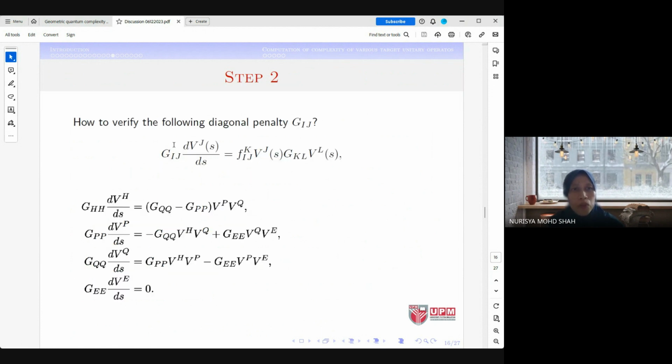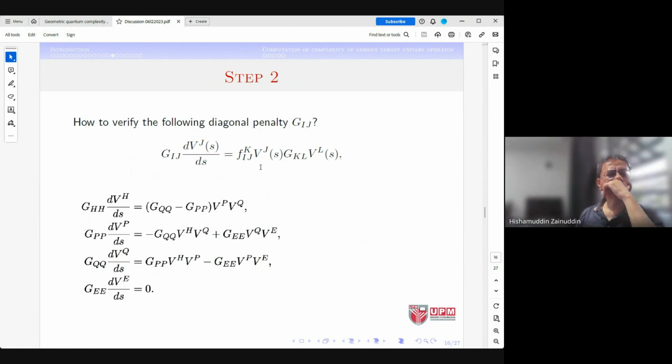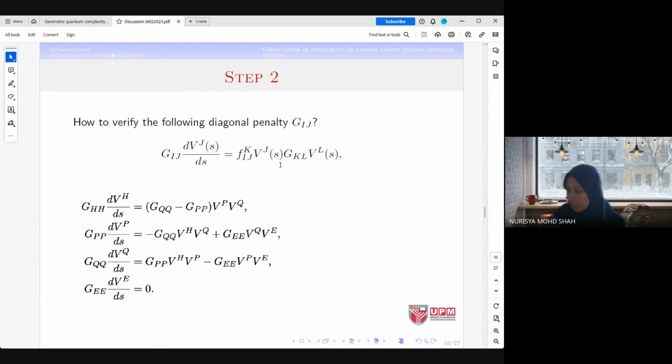And then we compute how to verify the diagonal penalty, GIJ. Okay. So we have GIJ following the earlier equations. I hope you remember the earlier part is the geodesic equations, the Euler-Arnold equations. So this is the Euler-Arnold equations.